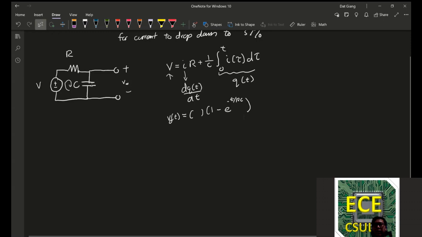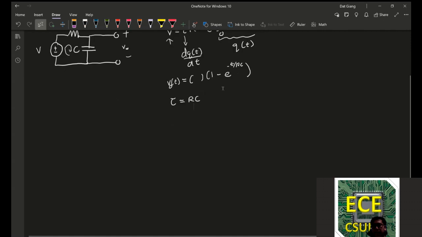Now, the time constant for this situation, we express using tau equals RC. If you notice, the time constant is basically the time it takes for tau to equal t. Therefore, this is just basically what happens. If you take a look at this quantity, we have 1 minus e to the negative 1, which is basically 63%.